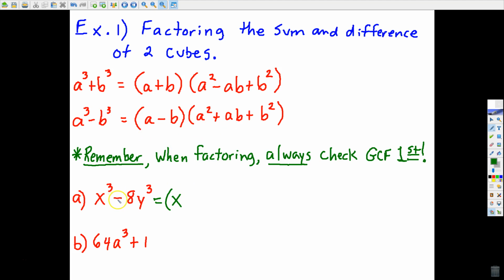Since I'm subtracting in the binomial, the problem, then this first binomial factor should have minus as well. Now I'm going to do the cube root of 8, and that just means what number multiplied by itself 3 times. In other words, 2 to the third power, 2 times 2 times 2 is 8. And another way of saying that, the cube root of 8, the number that multiplies 3 times, is 2. So the cube root of 8 is 2, and the cube root of y to the third, of course, is just y.